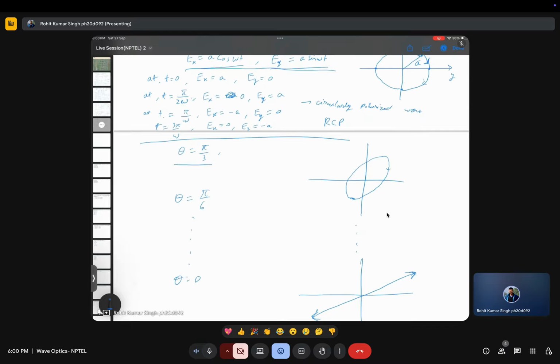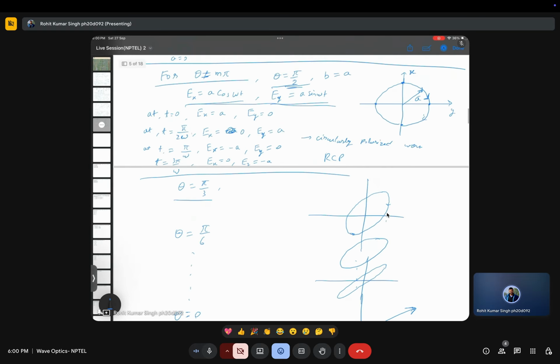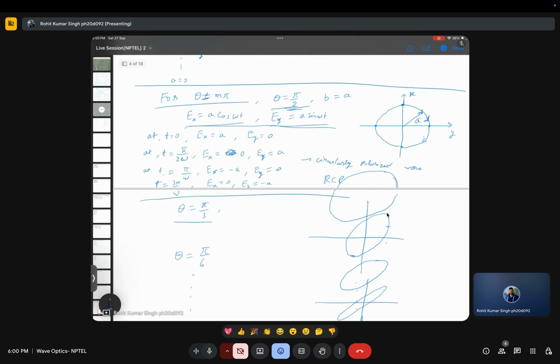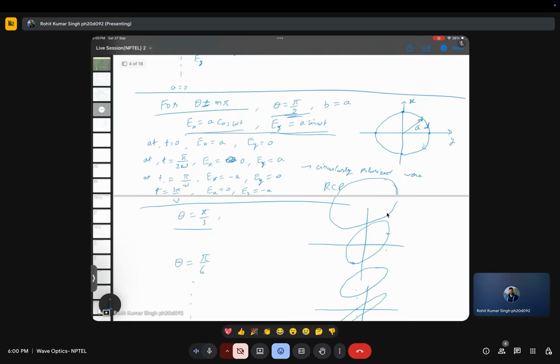Yeah. So this straight line, if you increase your theta from 0 to a very small angle, it becomes like this. Then it will start getting broader, then you get an ellipse, then a big ellipse, and then at theta equal to pi by 2 you will get a circle.